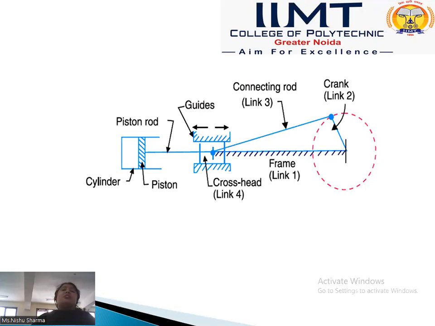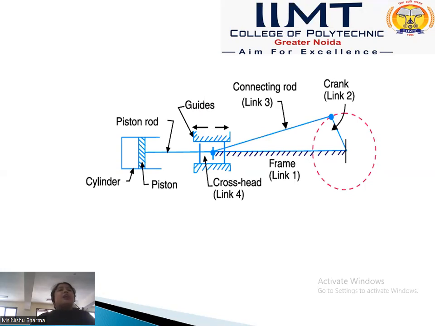So 3 4 is a turning pair, but the last pair is 1 4. That is, link one is the fixed link and the fourth is the crosshead. The crosshead reciprocates about the frame, link 1, so it forms a sliding pair, because it has a sliding motion. When it has a sliding motion, it forms a sliding pair.